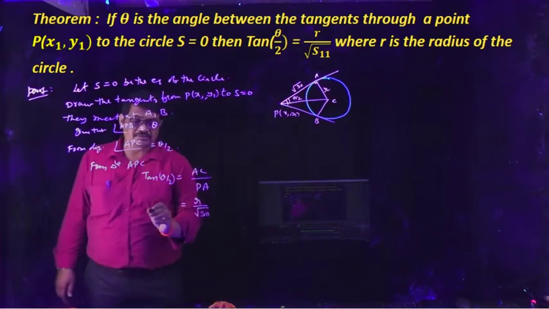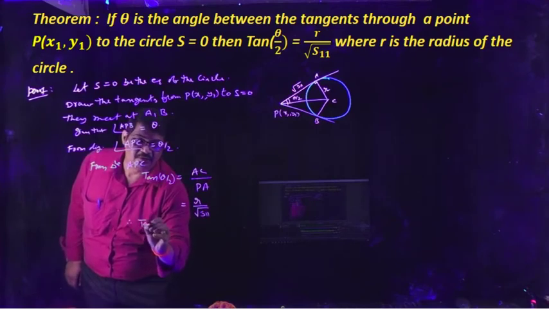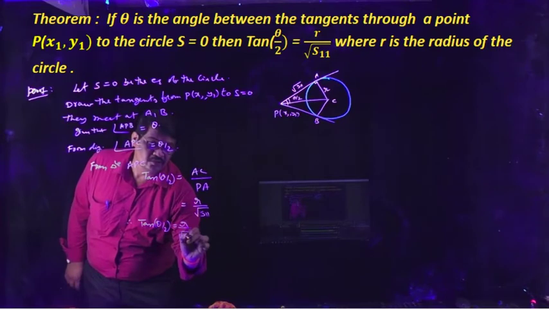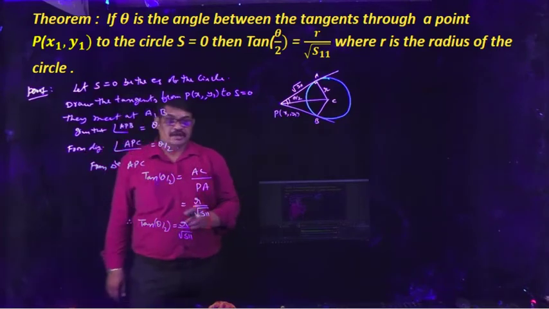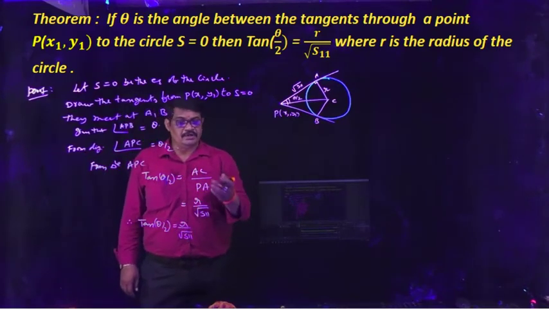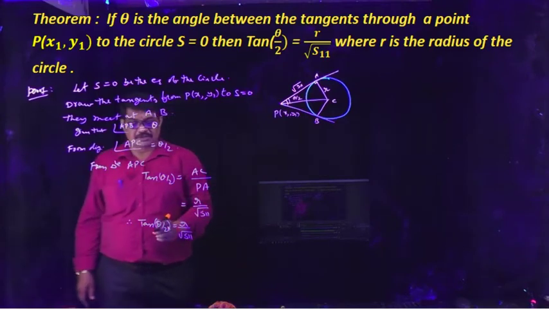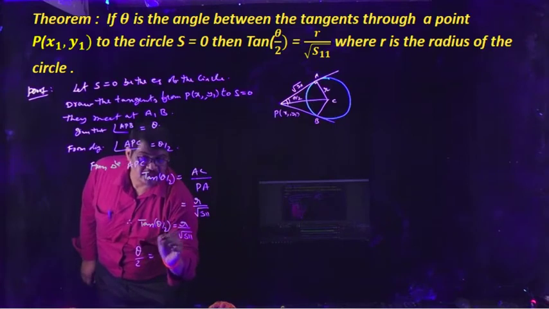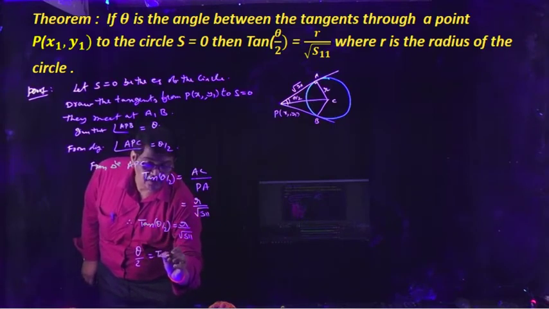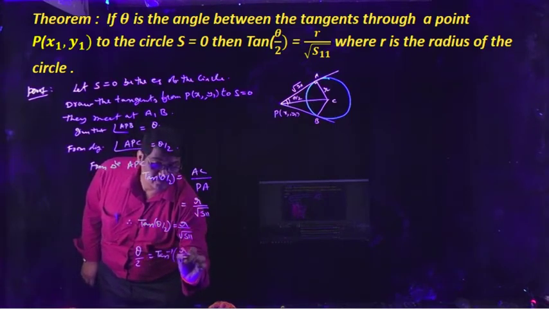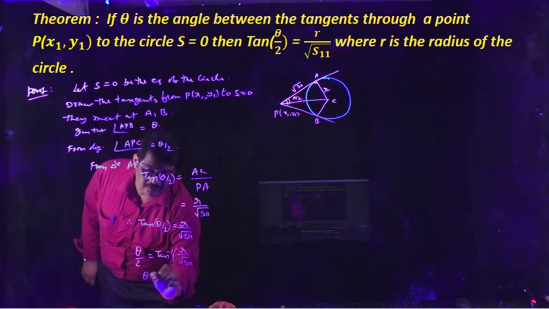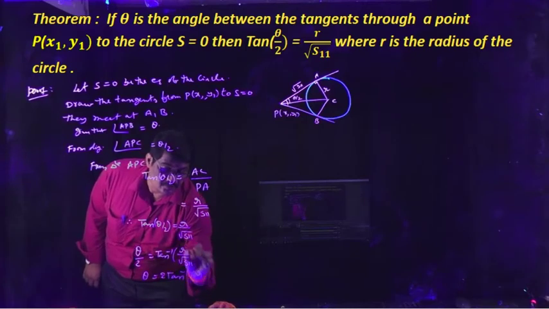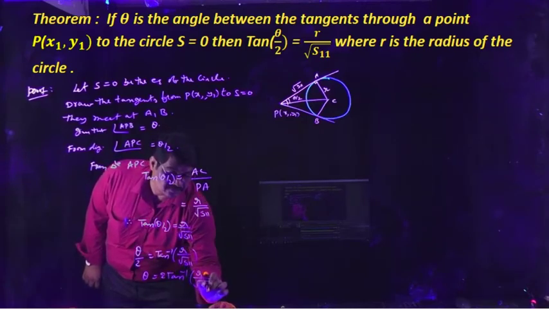From that we get tan theta by 2 equal to R by root of S11. From this we find the angle between the tangents. Tan theta by 2 is R by root of S11, so theta is equal to 2 tan inverse of R by root of S11.